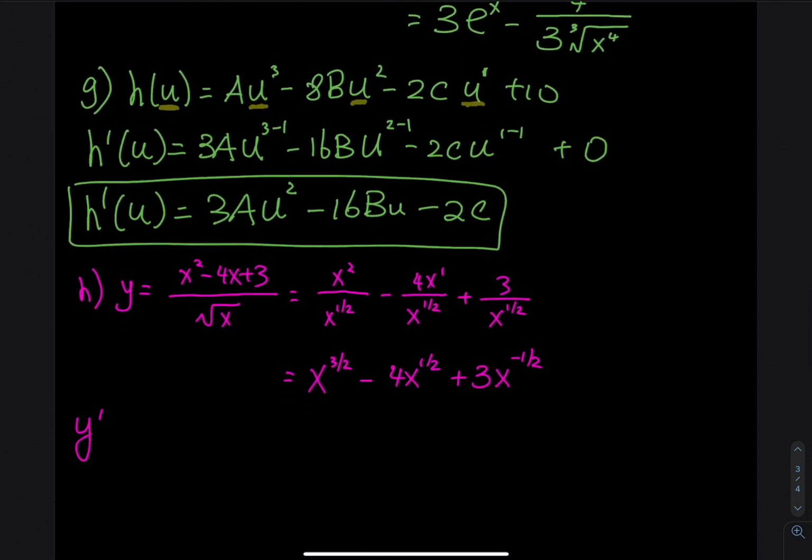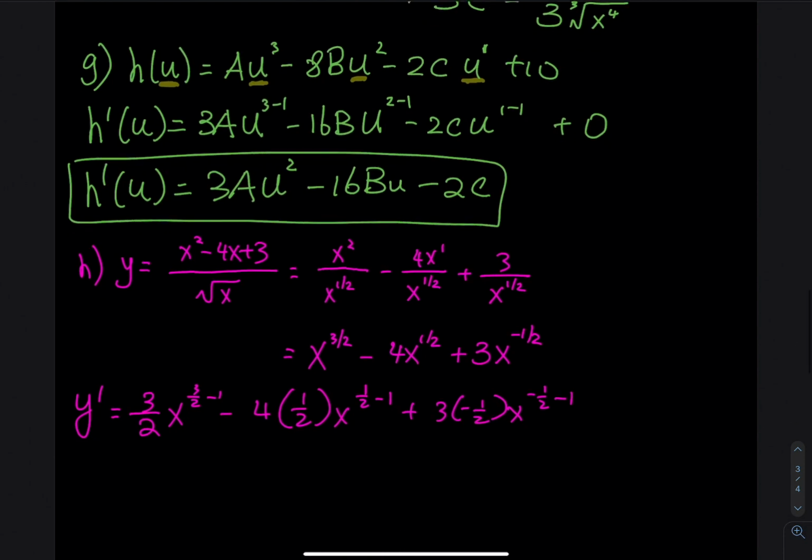So y prime is equal to, you bring the 3/2 down, and then 3/2 minus 1. 4, you bring the 1/2 down, and then 1/2 minus 1. And then 3, you bring the 1/2 down, and then x to the negative 1/2 minus 1. And then you clean up the subtraction for me.